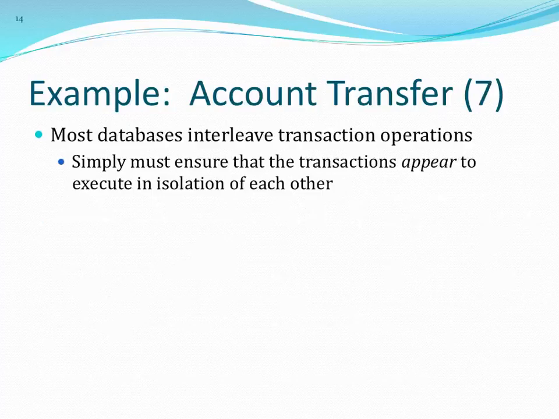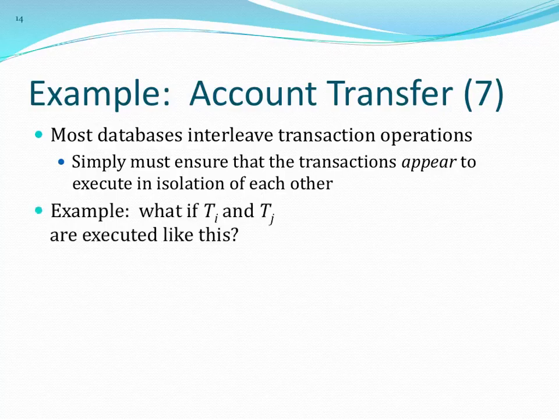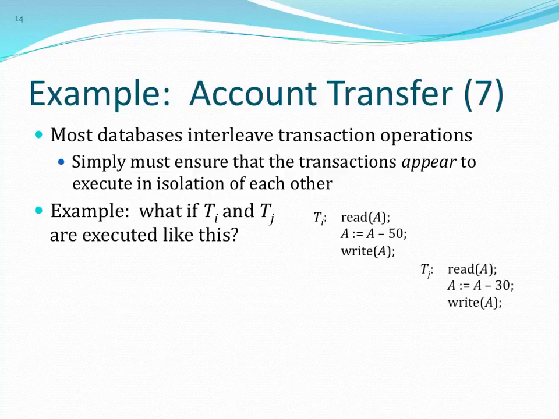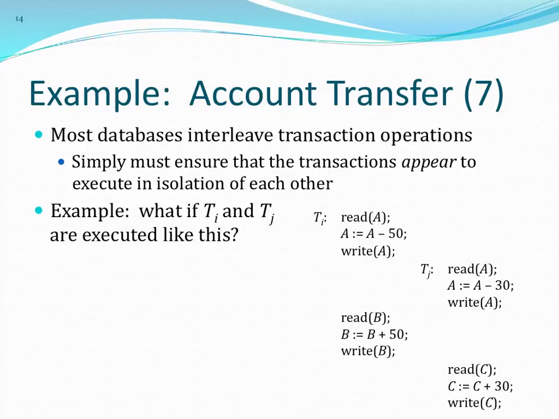So there are many ways to interleave these operations, and databases, if they're clever enough, can interleave things so that it looks like they're executing in isolation of each other, but they may actually overlap. So here's an example. TI does its read and write of A, then TJ reads and writes A, then TI reads and writes B, and TJ reads and writes C. Let's say that TI and TJ both commit.